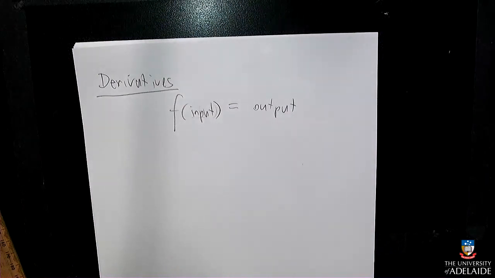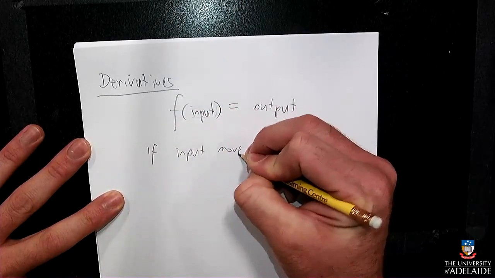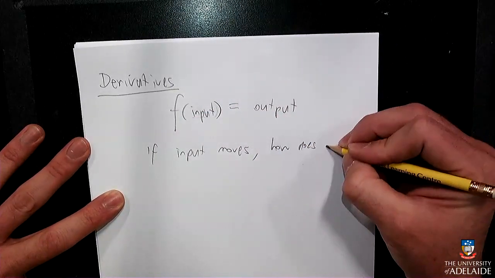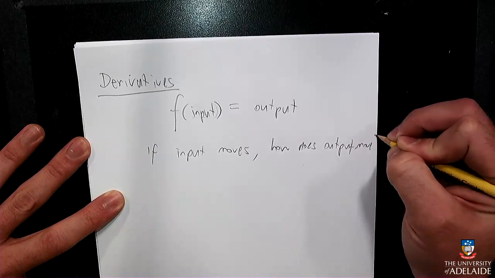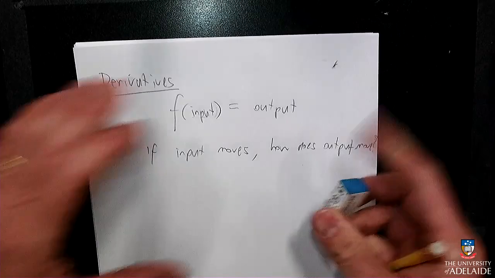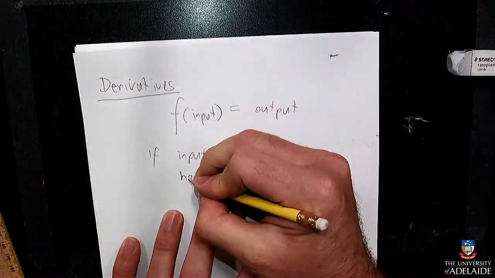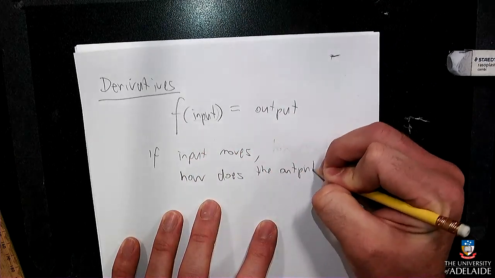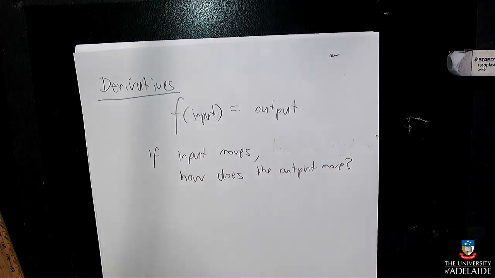And so derivatives are a way of thinking about, if the input moves, how does the output move? That's just awful, sorry. Bad writing. Too excited. And the answer to that question is what derivatives are for.